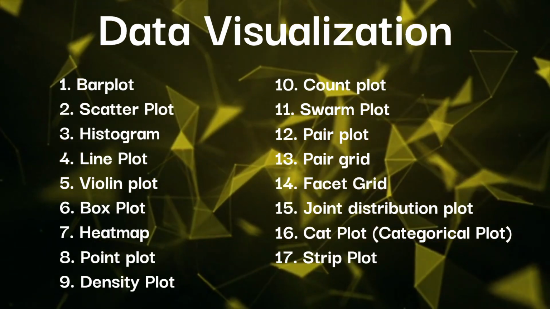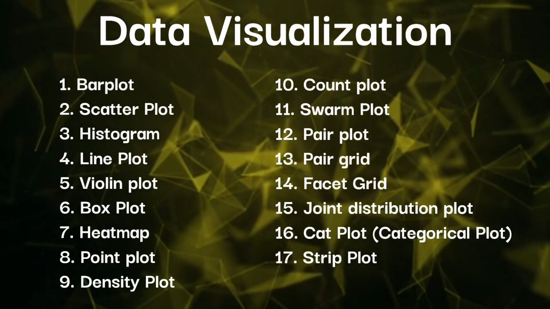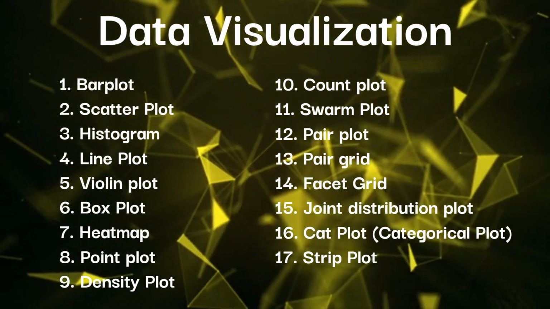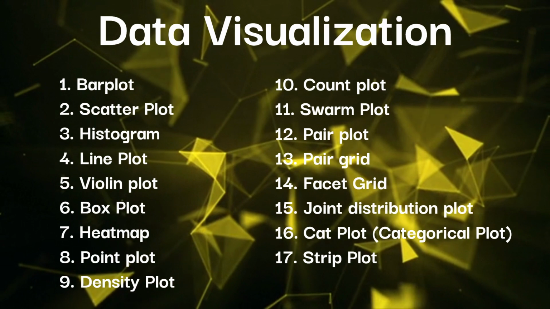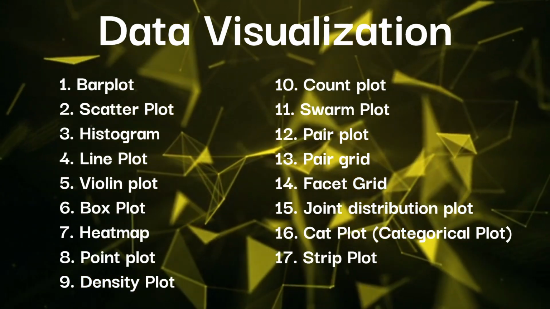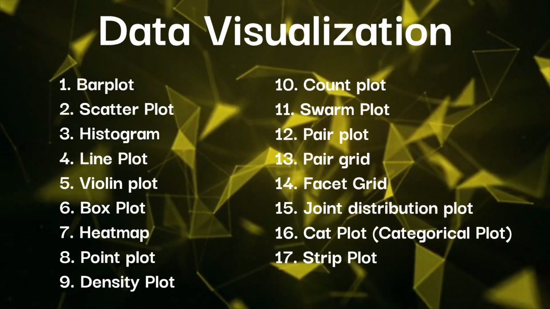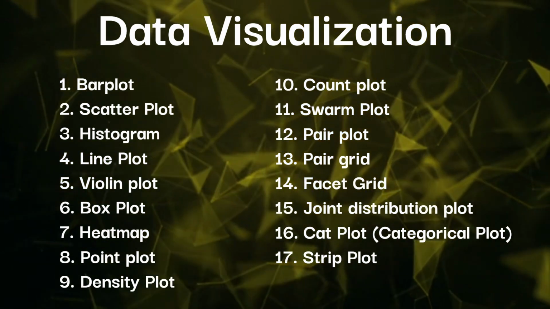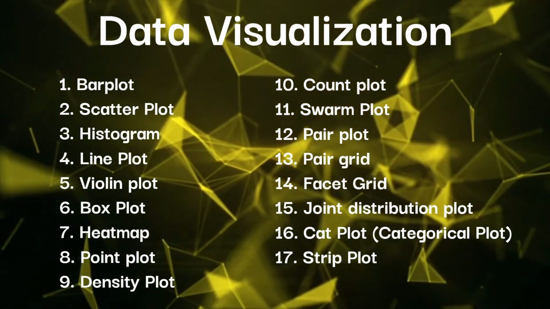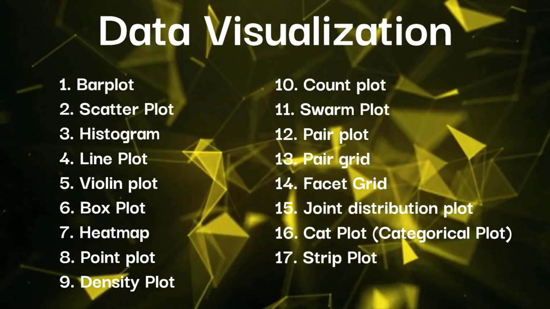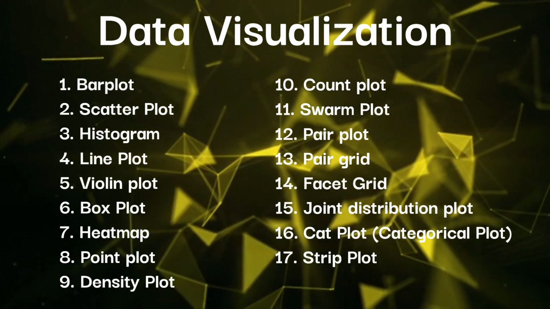Pair grid, visualize relationships for multiple variables. 14. Facet grid, create a grid of subplots based on a categorical variable. 15. Joint distribution plot, visualize the relationship between two variables and their distributions. 16. Cat plot, categorical plot, create various types of categorical plots. 17. Strip plot, display individual data points.